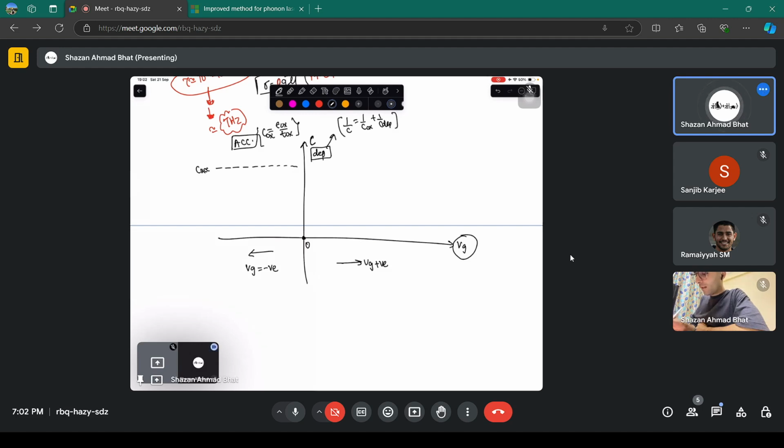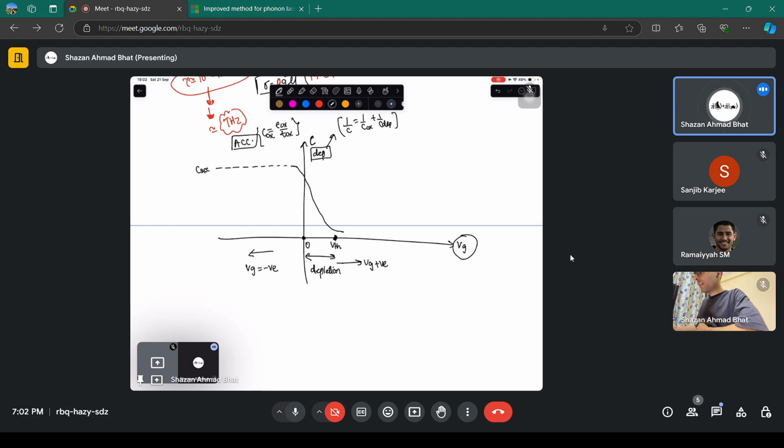So you get a curve something like this, up to this particular point called V threshold. This particular region is the depletion region capacitance, up to the threshold voltage.